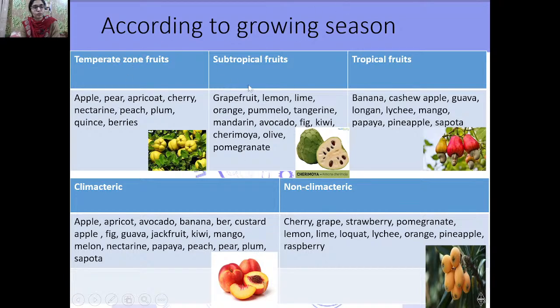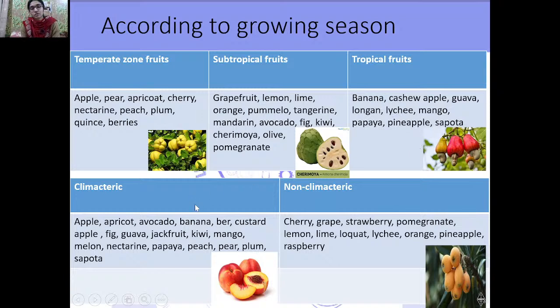So you have to go through this, you have to memorize which fruit falls in which particular section, means it is a low temperature growing fruit, or a tropical fruit, or a subtropical fruit. So a temperate fruit zone: apple, pear, berries, etc. Subtropical includes your avocado, olive, pomegranate, etc. Tropical fruits include your lychee, mango, pineapple, etc.